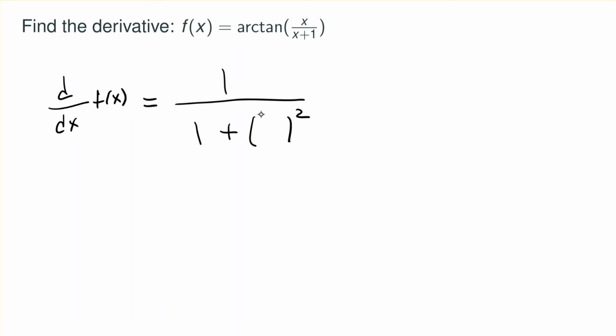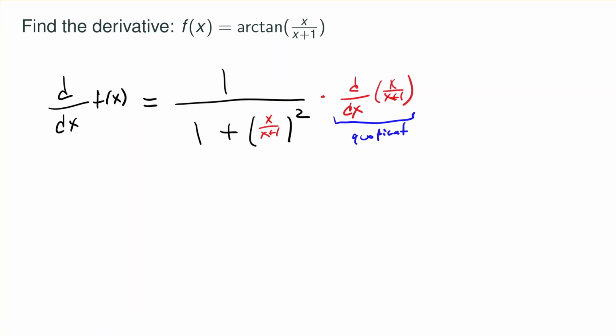The argument here is x over x plus 1. And we multiply by derivative of the argument by chain rule.